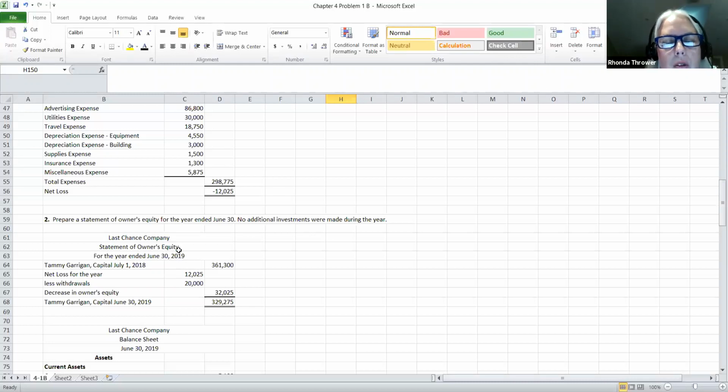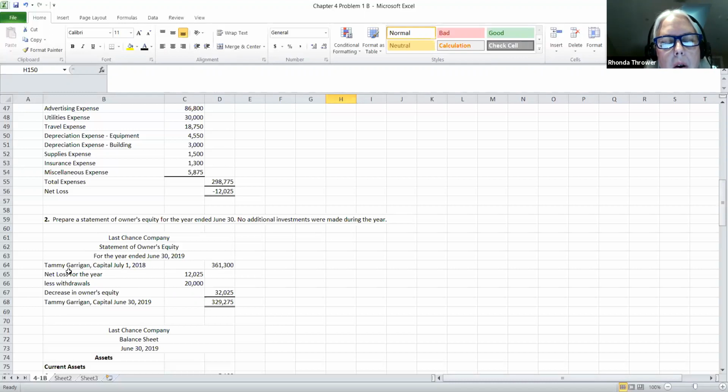The statement of owner's equity is a reflection of what has gone on with the owner's equity account for that period of time. Since this is a business that was in business in a previous period, we need to start the statement of owner's equity with the beginning amount of owner's equity, which we refer to as the beginning capital balance.